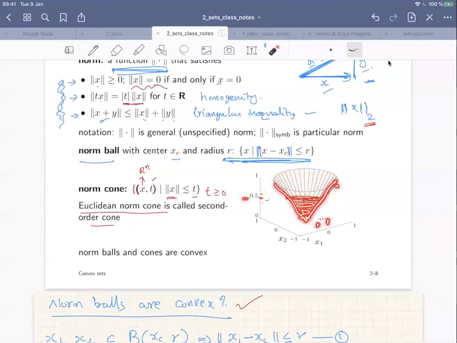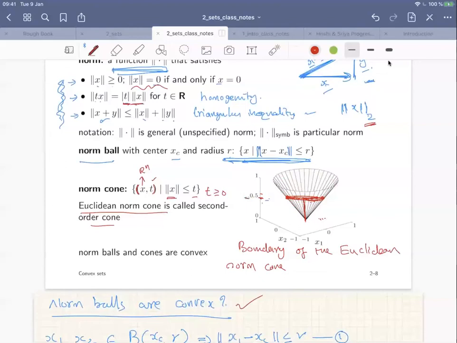So what we have shown here is the boundary of the Euclidean norm cone in R2. That is this guy. Okay, so the cone, of course, will contain all the points inside this boundary.